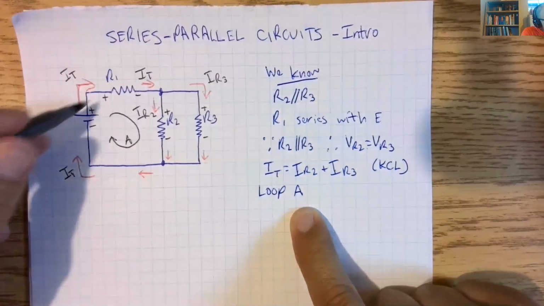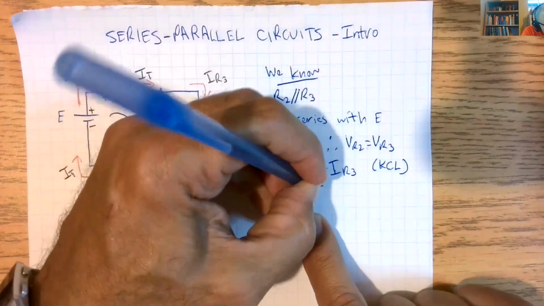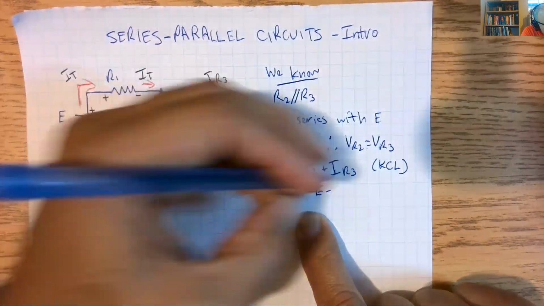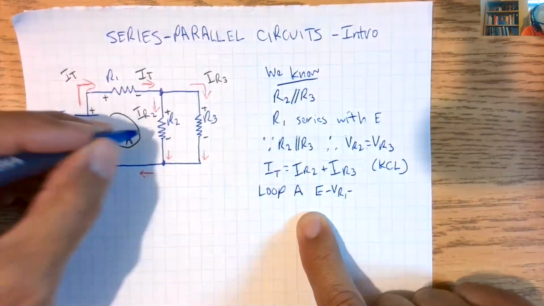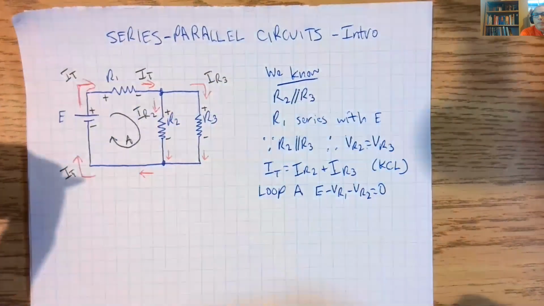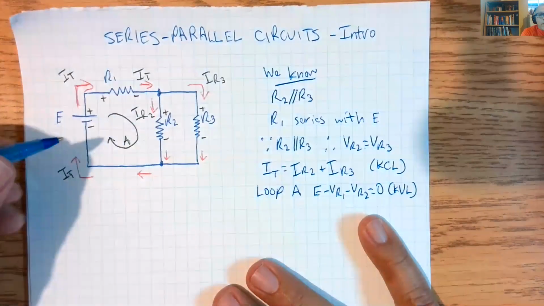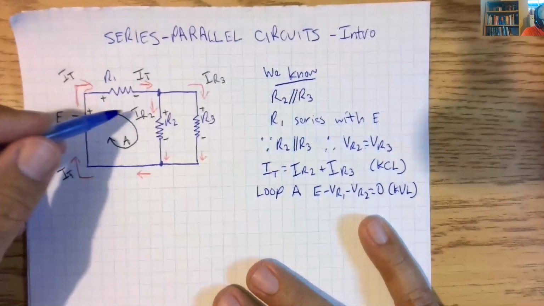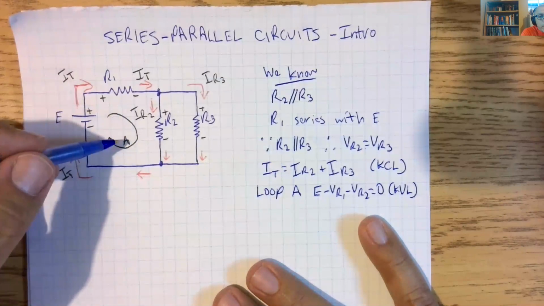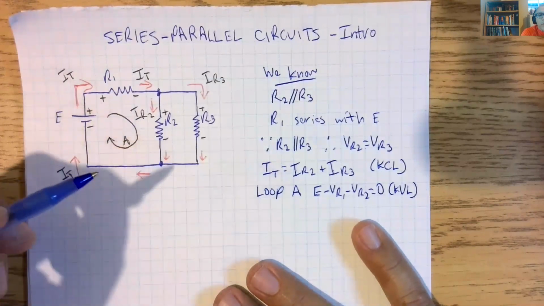If we were to take this loop, we know that E minus VR1 minus VR2 is equal to 0. And that is Kirchhoff's voltage law, if you remember. The algebraic sum of voltages in a loop equals 0. So E minus VR1 minus VR2 is equal to 0.